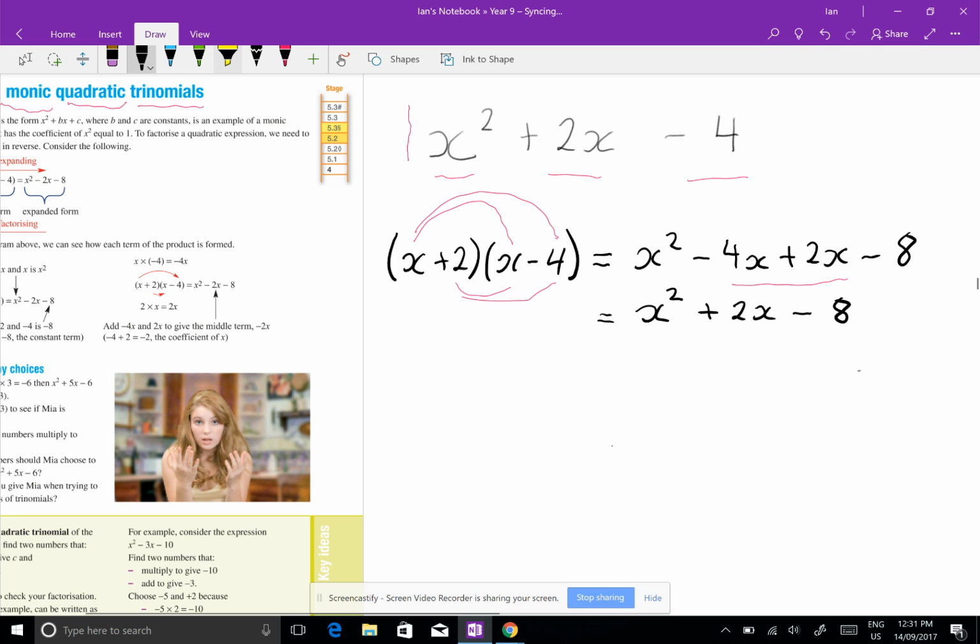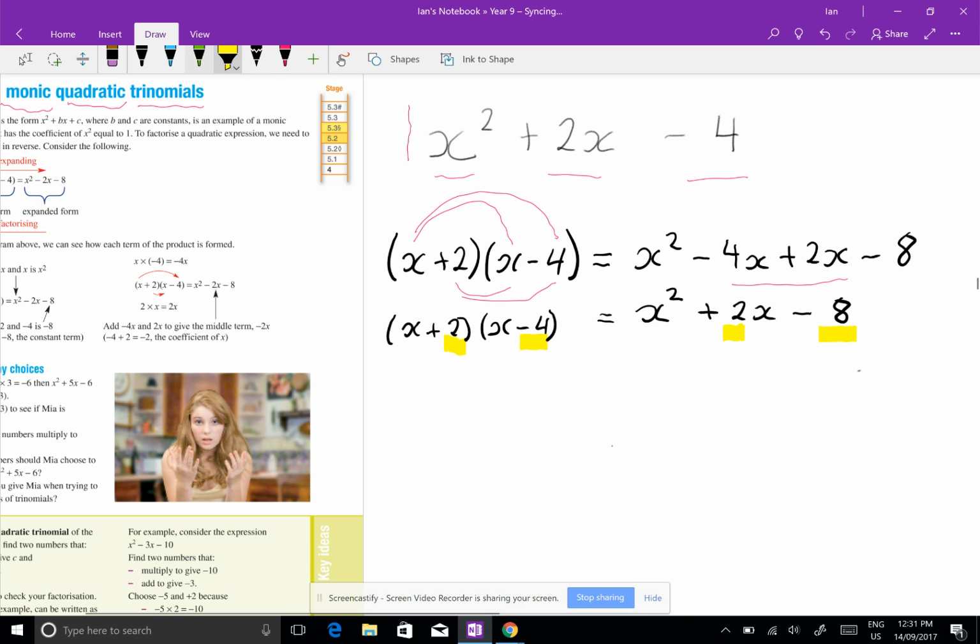Now, I really want you to look at the number in front of the x and the number at the back. They're very important. Let's have a look at what we started with: x plus 2, x minus 4. And now let's also look at these 2 numbers.